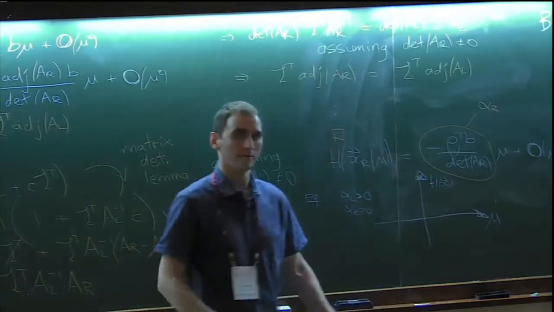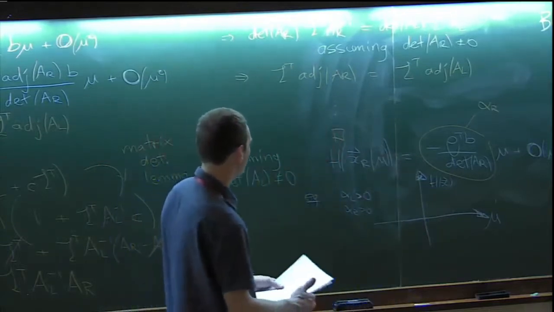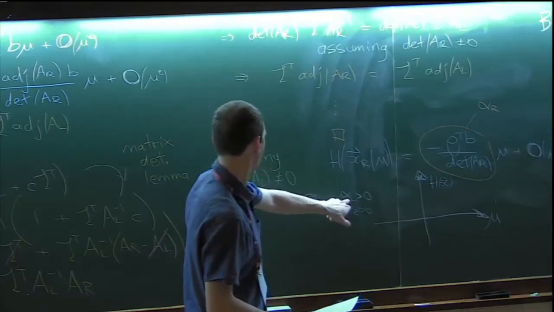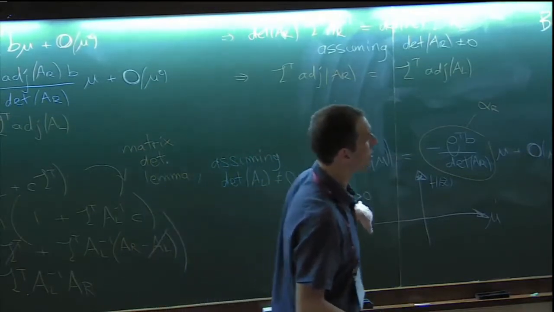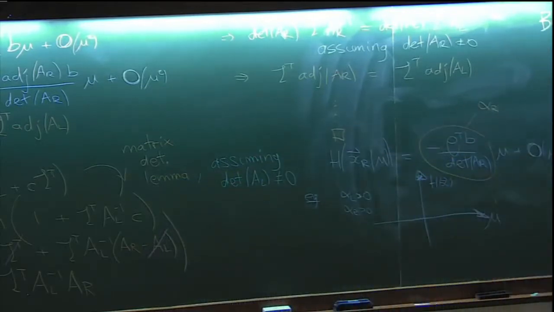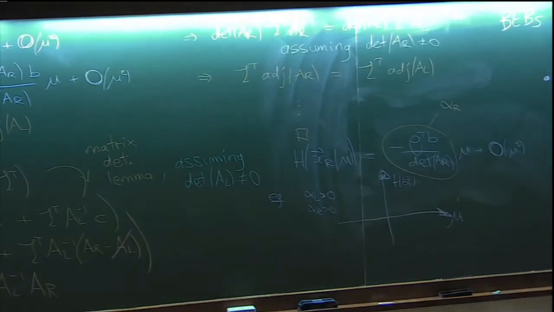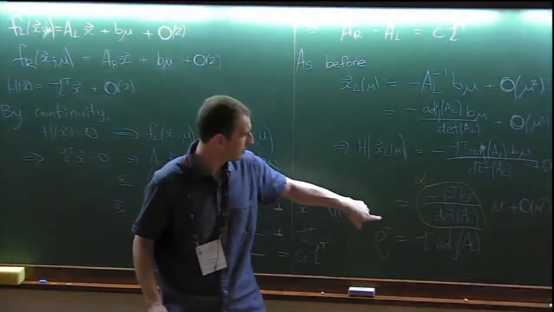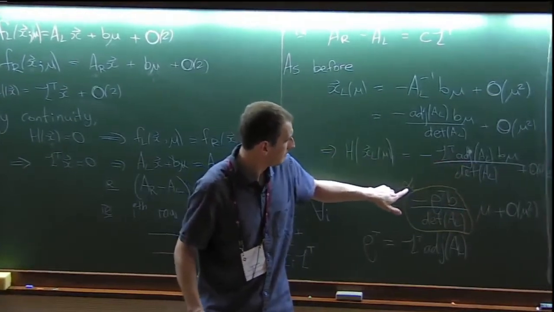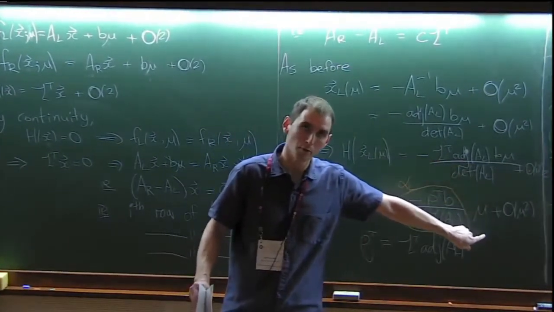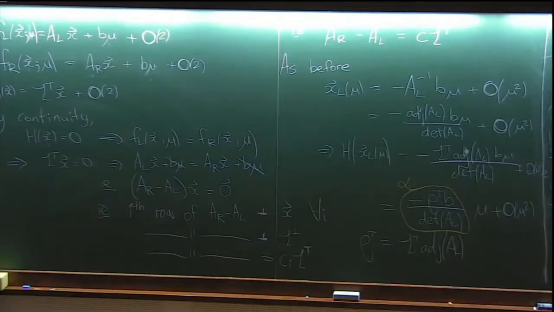So let me do the same thing in the continuous scenario. So first of all, let's suppose that they're both positive. So alpha L is positive. For the equilibrium to be admissible, we need this to be negative. Alpha L is positive, so that means we need mu to be negative.